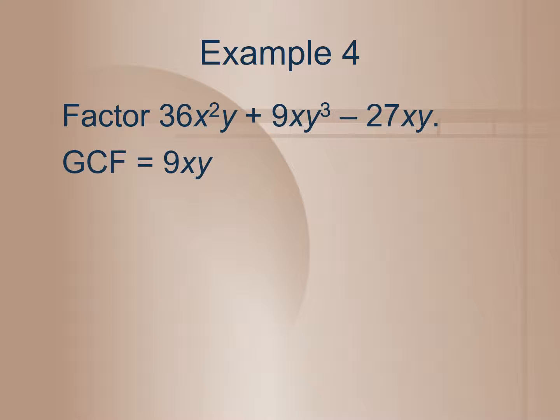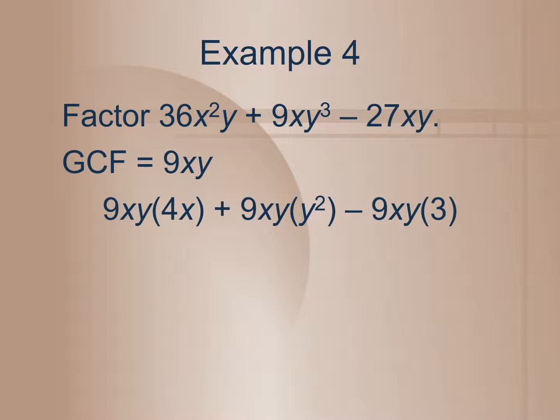So now we take that greatest common factor and we divide each term by it. So when we do 36x squared y and we factor out a 9xy, we are left with 4x, because 9xy times 4x gives us 36x squared y. And then when we take 9xy cubed and we factor out that 9xy, we have to be left with y squared, so that way we can get back to that 9xy cubed.